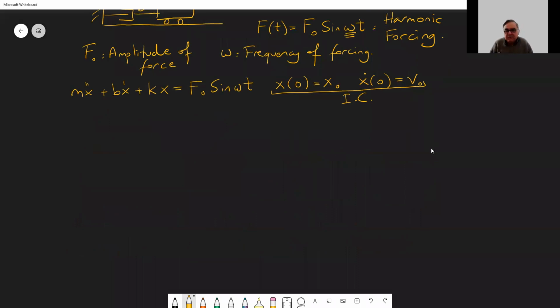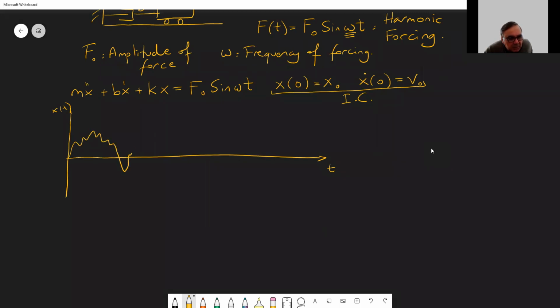Okay. So since our system is damped, the vibrations we have is going to be in the following form. This is t. This is, let's say, x of t. What we are going to have will be, we will start from here. There might be some transients, but then eventually the response becomes a sinusoid or a cosine, doesn't matter.